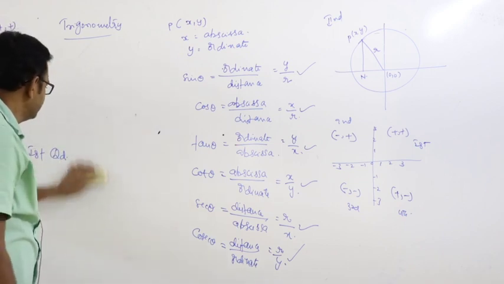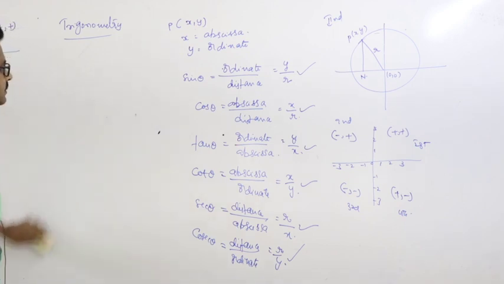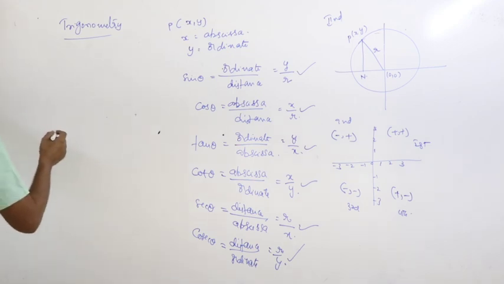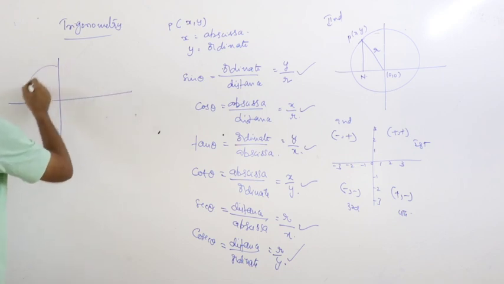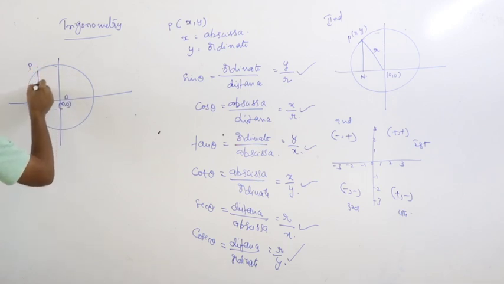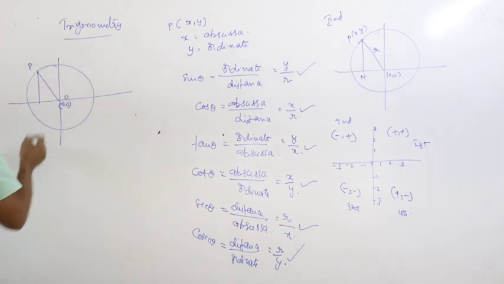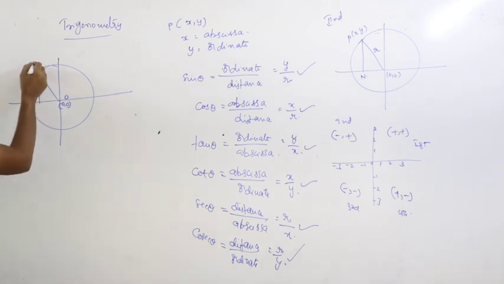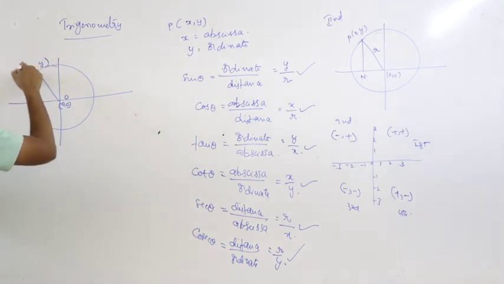Suppose the point lies in second quadrant. So this is 0 comma 0. The point is P. So, this is minus x comma y.